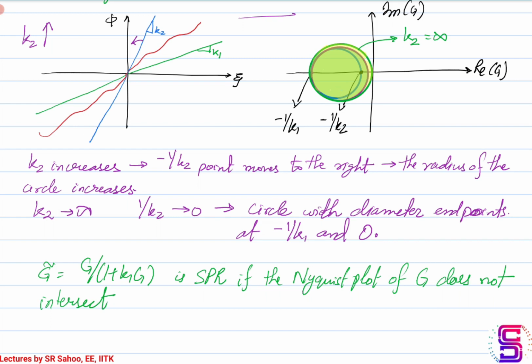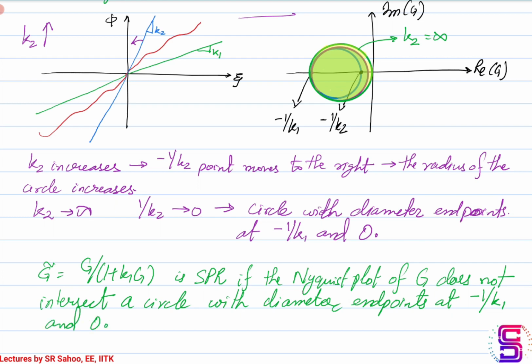Okay, so the Nyquist plot of g does not intersect a circle with diameter endpoints at minus 1 by k1 and 0. So this is how the circle criterion gets modified for the case when your sector nonlinearity is in the sector k1 to infinity.